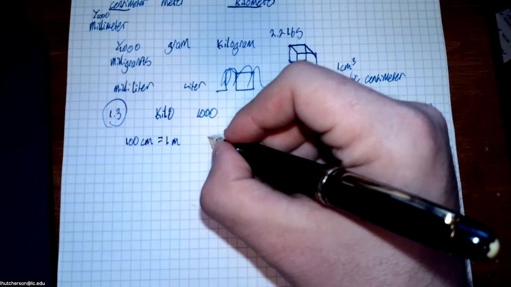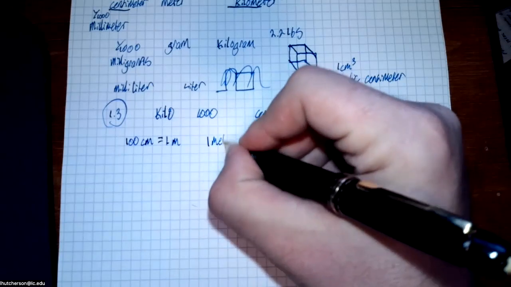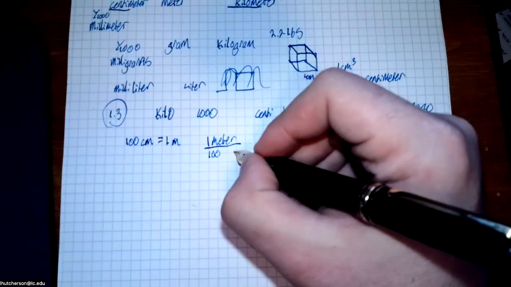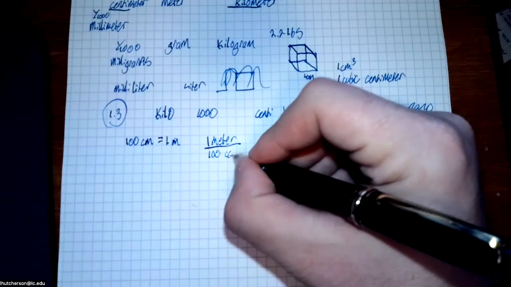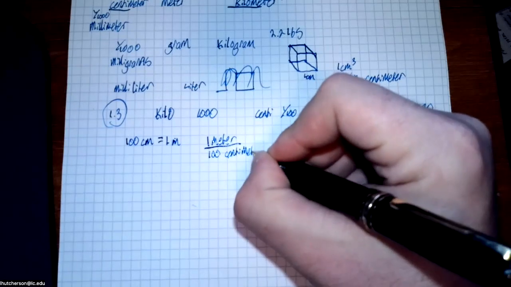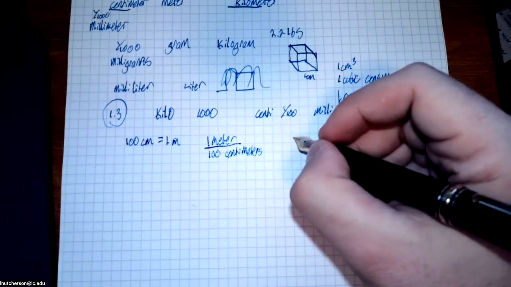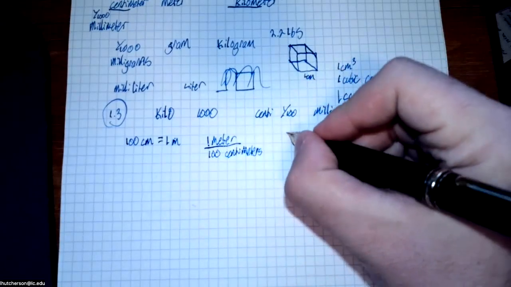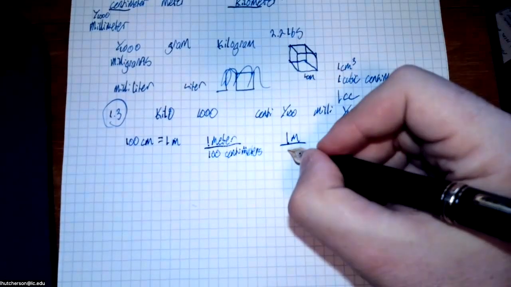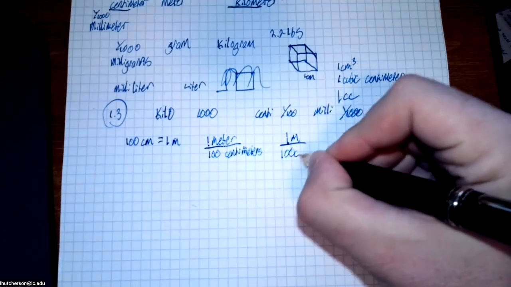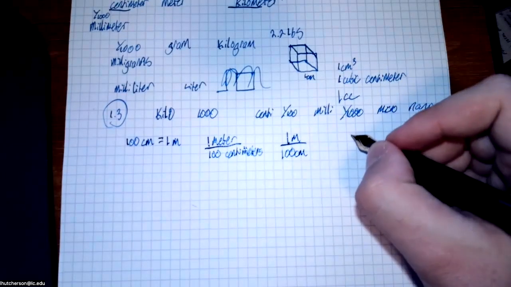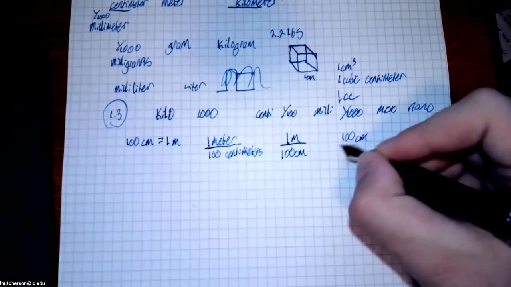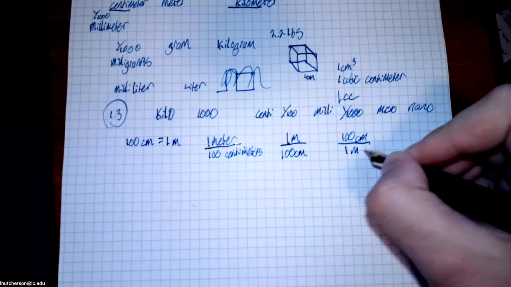One of those is we can say 1 meter over 100 centimeters, which let me abbreviate just to make it a little bit tidier, or we can say 100 centimeters over 1 meter.